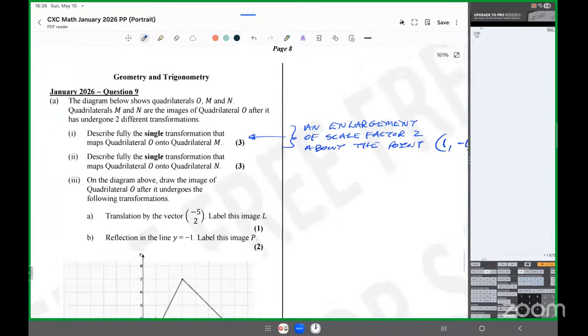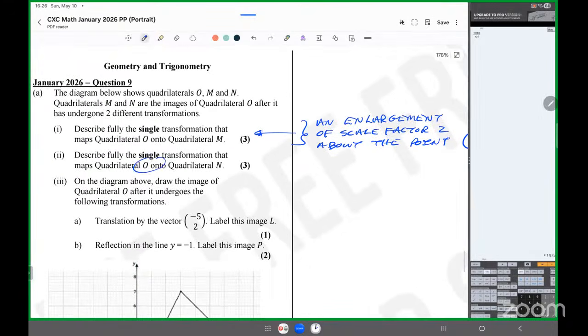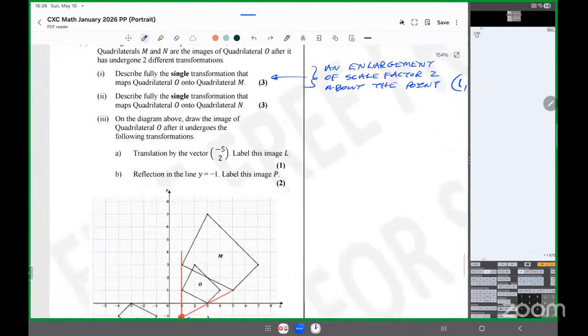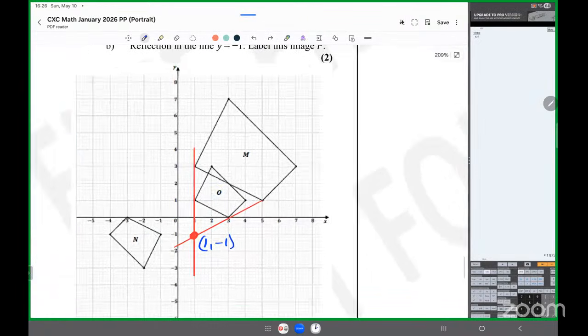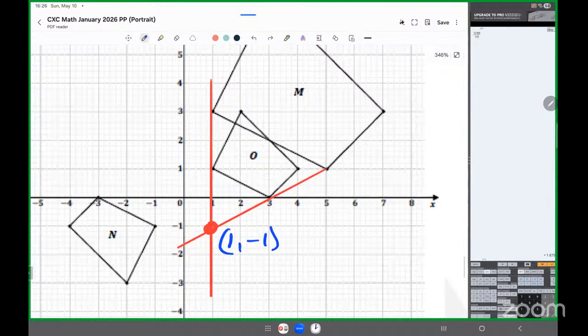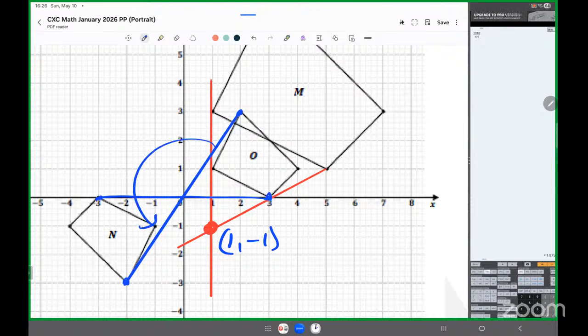Next part, let's work out what single transformation maps O to N. That's this one to this one. Let's look at it. If I join these two corresponding points, like so, and I join these two corresponding points, like so, it looks like I have rotated 180 degrees about the origin.